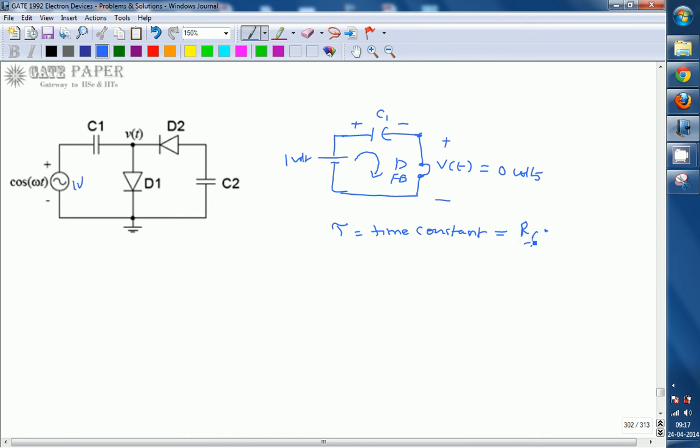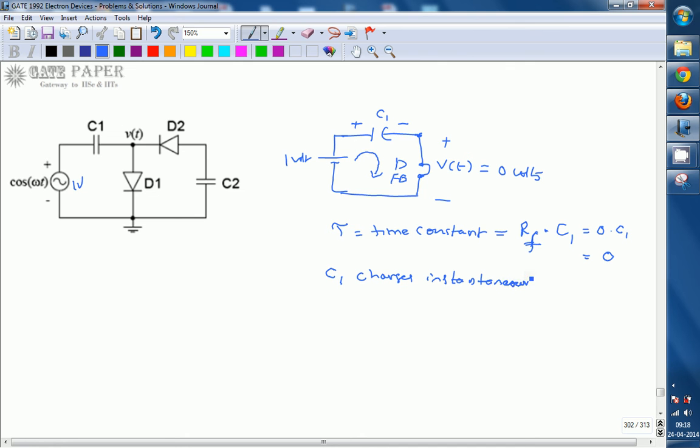Resistance is only the forward bias resistance Rf, and capacitance is C1. But an ideal diode has 0 forward resistance, so the time constant is 0. A time constant of 0 means the capacitor charges within no time. So capacitor C1 charges instantaneously. That is the meaning.